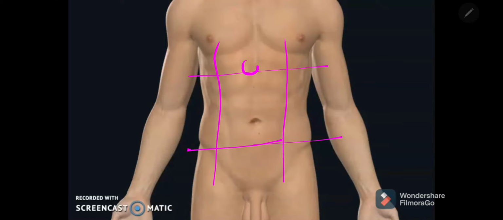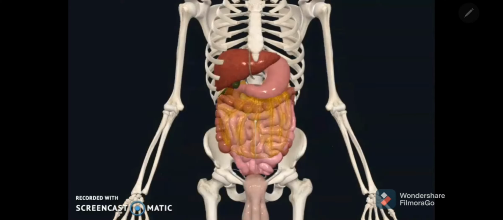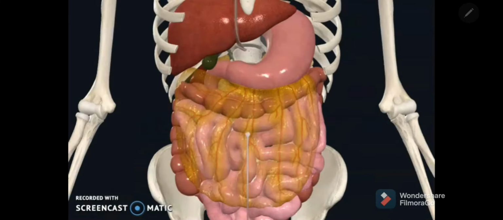So here you will notice the pancreas, in the posterior part of the epigastrium and the left hypochondrium. It extends from the concavity of the duodenum to the hilum of the spleen.